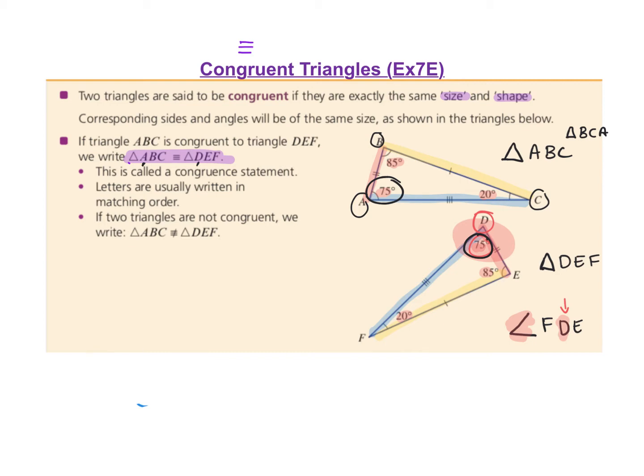Then the next one they wrote was B, which was the 85, so they wrote E because that was the 85 angle. Is that making sense? They're matching up the angles the same way. If they're not congruent, you can see they do the three lines and put a line through it, saying they're not congruent. So let's have a look at some example questions.